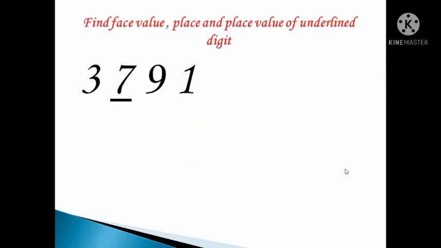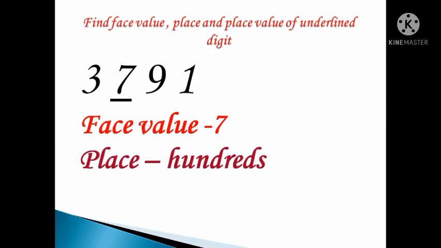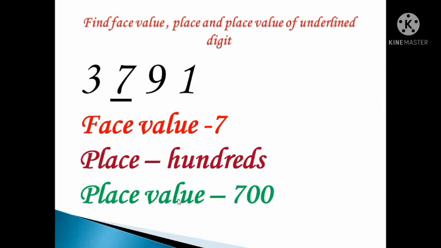Now we are going to find place value and face value of the given underlined digits. So face value is 7. Place is hundreds. Ones, tens, hundreds. Place value is 700. How many hundreds are there? 700. So this is place value.